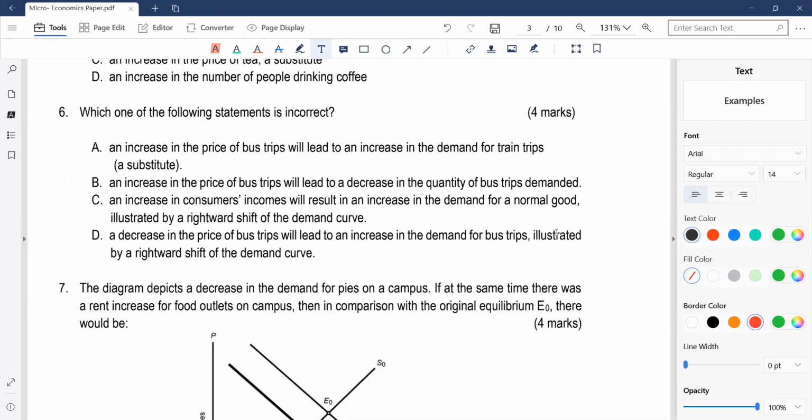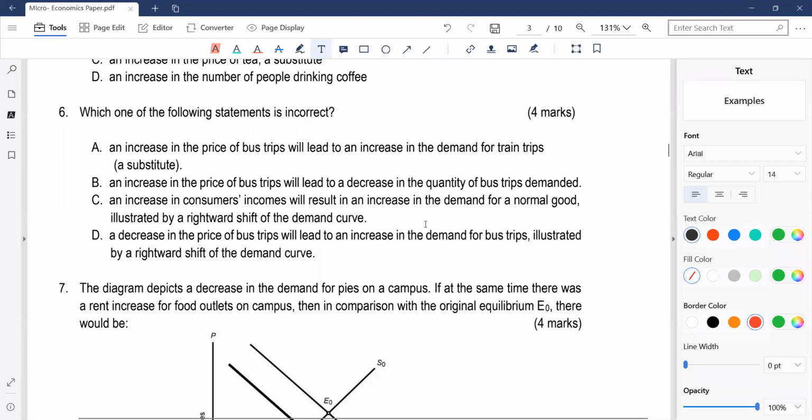Let's look at D. D says a decrease in the price of bus trips will lead to an increase in demand for bus trips. This is wrong. Why? Because it is saying a decrease in the price of bus trips will lead to an increase in demand. It should not be increase in demand here. It should be an increase in quantity demanded, because it's the price of bus trips.